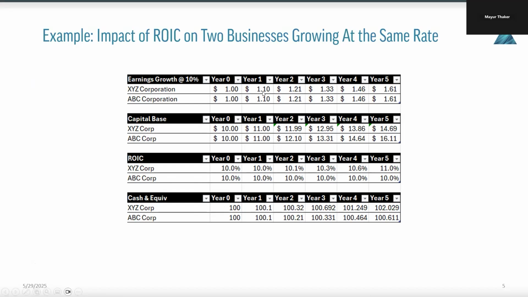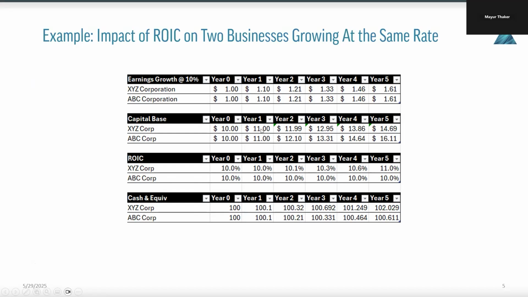So here we have $1.10, and by year one, we had to reinvest $1. So the net change would be 10 cents. That's why you see that this grew from 100 to $100.10. And the same thing goes for each subsequent year. The second year, we generated $1.21. And in year two, the capital base went from $11 to $11.99.